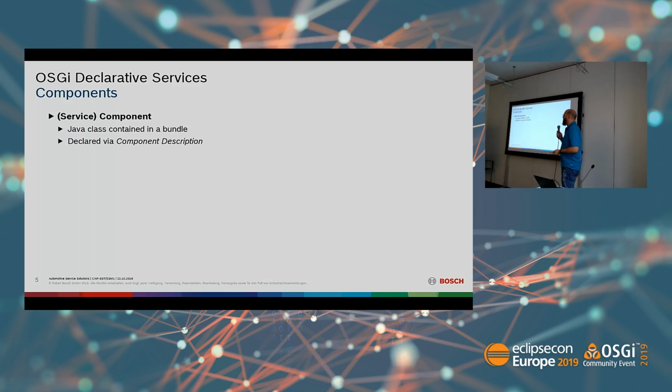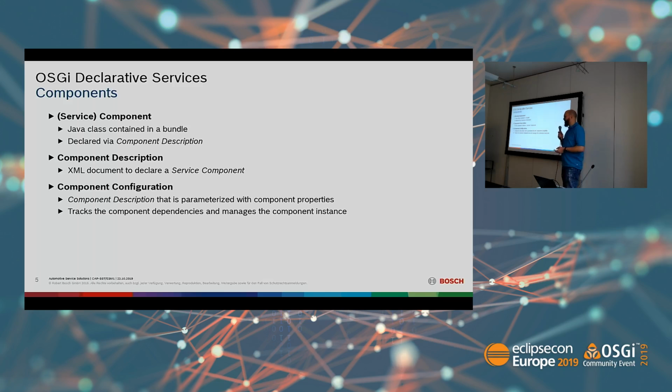And a component is typically a Java class contained in a bundle, and it's declared via a component description. A component description is an XML document that declares the service component. Nothing pretty big. We have a component configuration, so you can parameterize and configure your component. So you can have different instances with different configurations, change the runtime behavior if it's implemented this way.